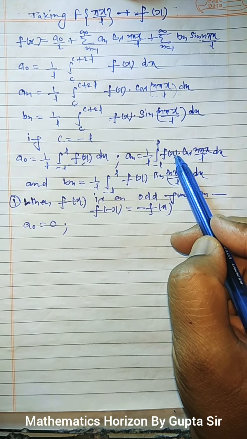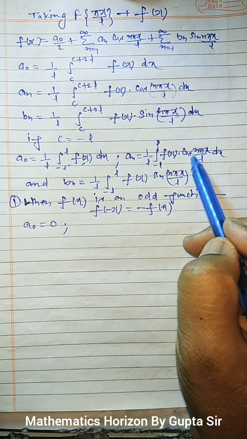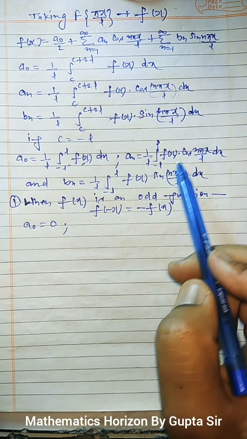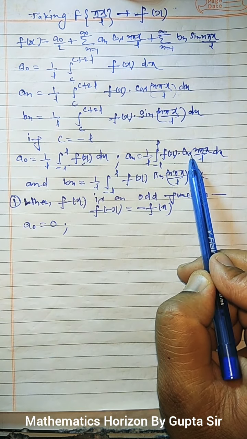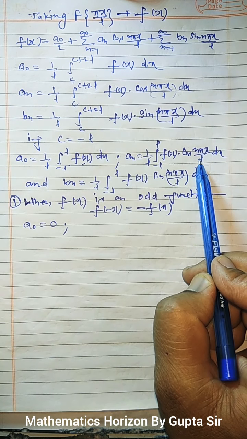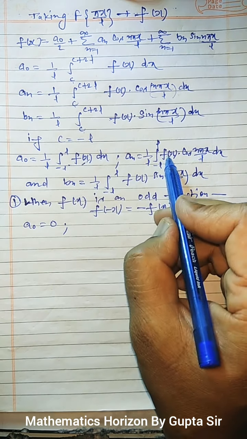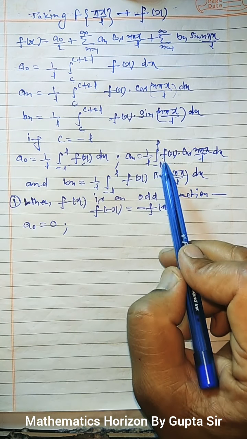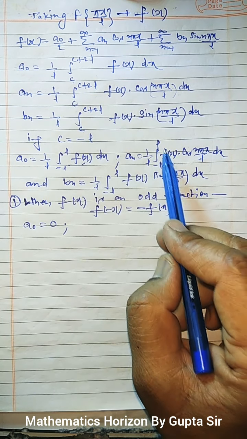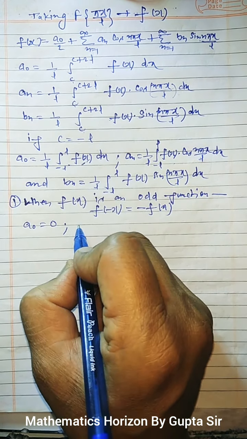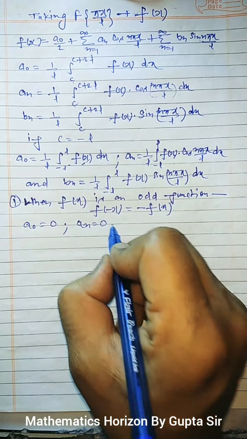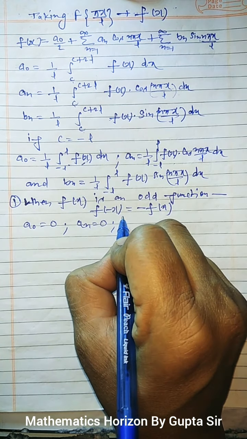If f(x) is an odd function, cos(nπx/L) is an even function, and the product of an odd function and an even function will be an odd function, means this complete function will be odd. By the property of definite integral, this will be 0, so an equal to 0.